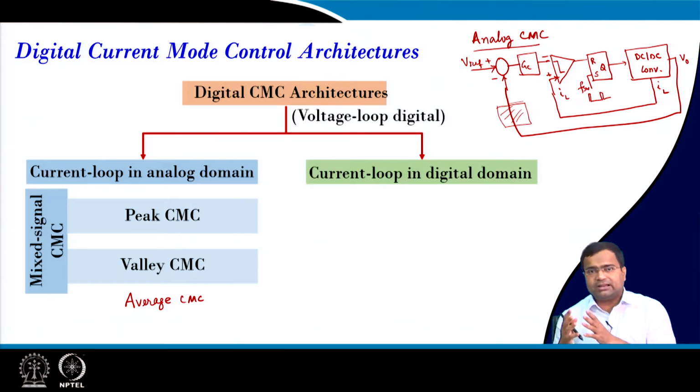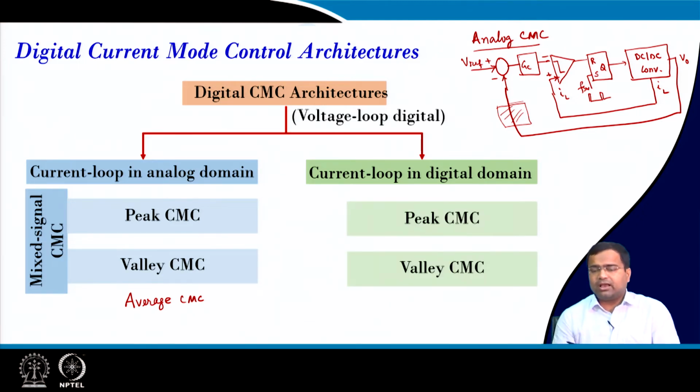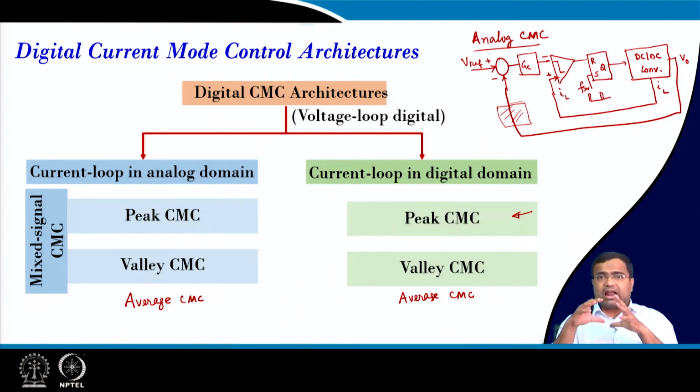If you go to fully digital, then your current loop is in the digital domain, where you can also have peak current mode control that we have discussed, valley current mode control, and average current mode control here, but we have not demonstrated this in this course because these are somewhat advanced topics.